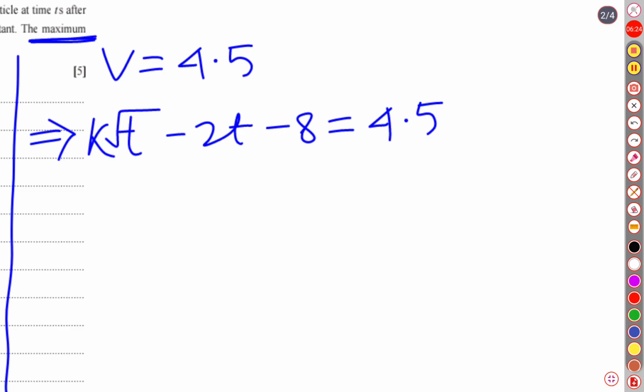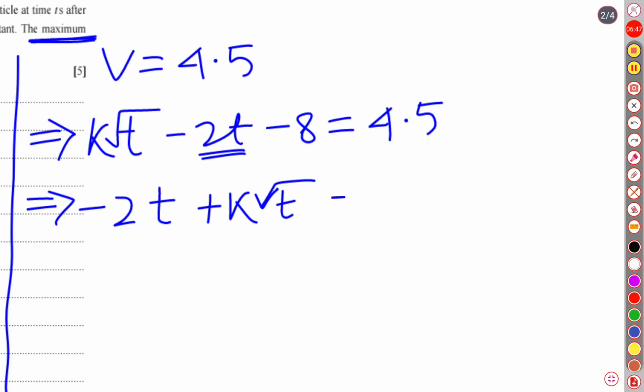Now, if we simplify, we can standardize this first of all. Let's do the standardization, because the exponent of t is greater here. So if we standardize, it is going to be negative 2t plus k raised to half minus 8, and minus 4.5 is going to be actually 12.5 equal to 0.